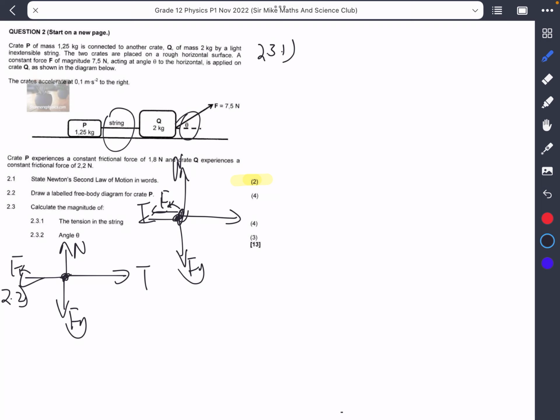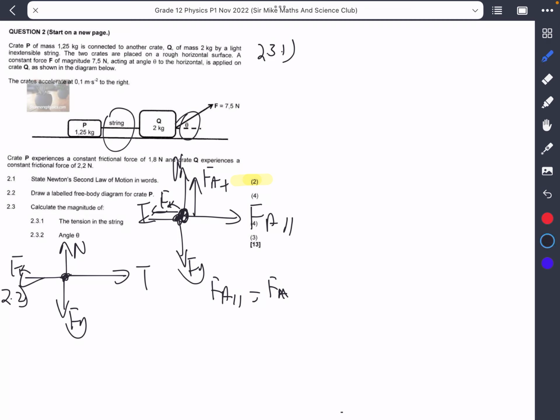So you would also have F perpendicular, or F_y if you want to put it that way, and you would also have F parallel. To find F parallel, it would be equal to F sine, actually it's cos.